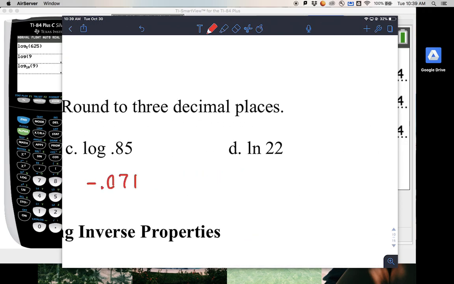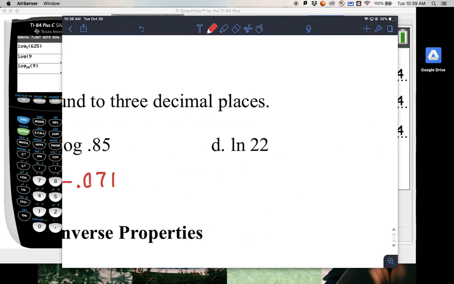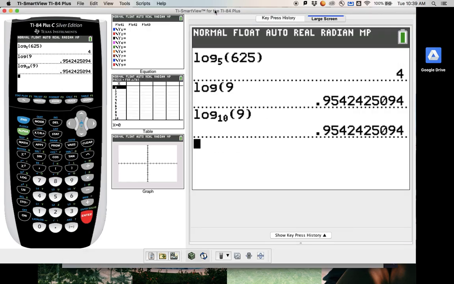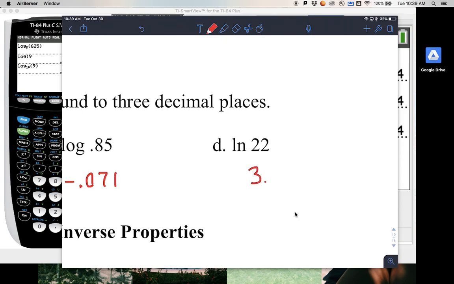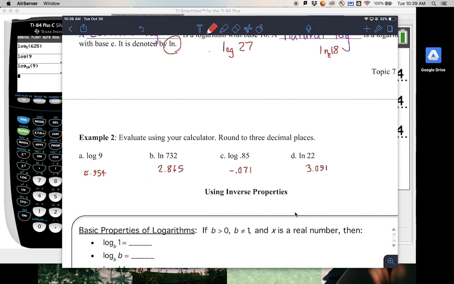And then natural log, remember it's implied to be a base e, but there's actually a natural log button on your calculator. If you look right here, it's over here on the left side, natural log. So natural log of 22 gets us the decimal 3.091. Those would be your different evaluations for those.